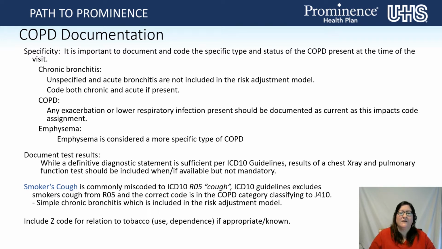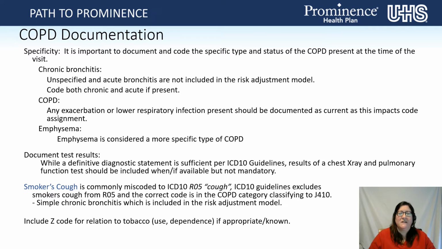Last thing I want to call out attention to here is smoker's cough. So many of you may not realize that smoker's cough actually classifies to J41.0, simple bronchitis, which is included in the risk adjustment model, but it's very commonly miscoded or misrepresented in your active medical problems list.